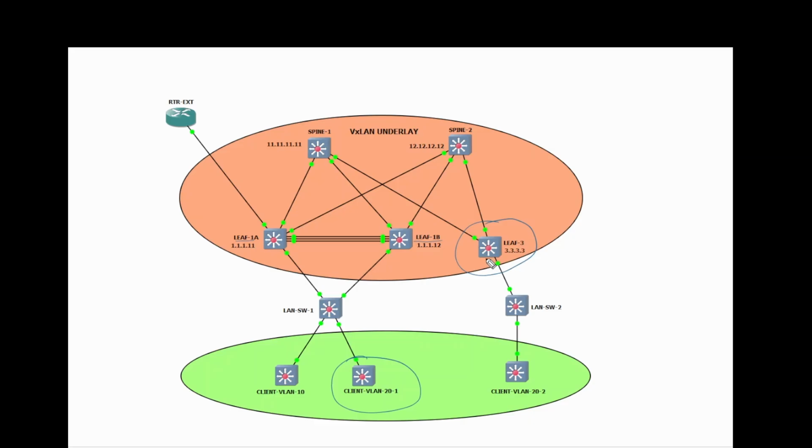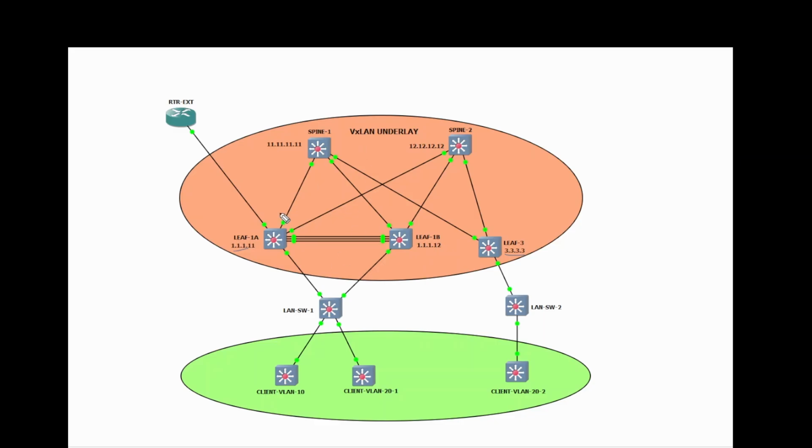With all attributes being equal, it will prefer leaf 1A as the BGP next hop value because leaf 1A has a lower router ID, which is 1.1.1.11 in our topology. What this means is that leaf 3 will always prefer leaf 1A for any BGP advertisements that it receives from the VPC pair, which is leaf 1A and leaf 1B.